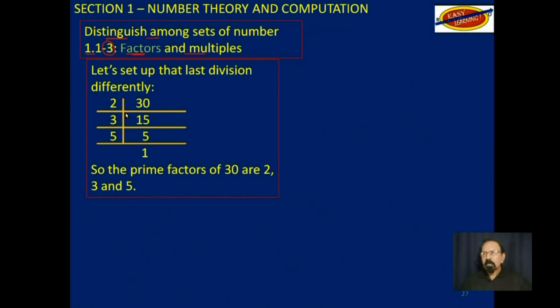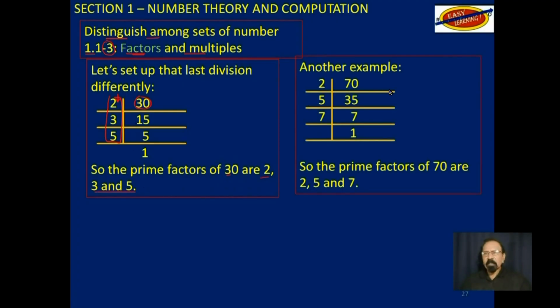Now let's see that last division there. If we take 30 and we continuously divide it by the smallest prime number and then the next smaller one and so on, you notice that we get 2, 3, and 5. So the prime factors of 30 are 2, 3, and 5.